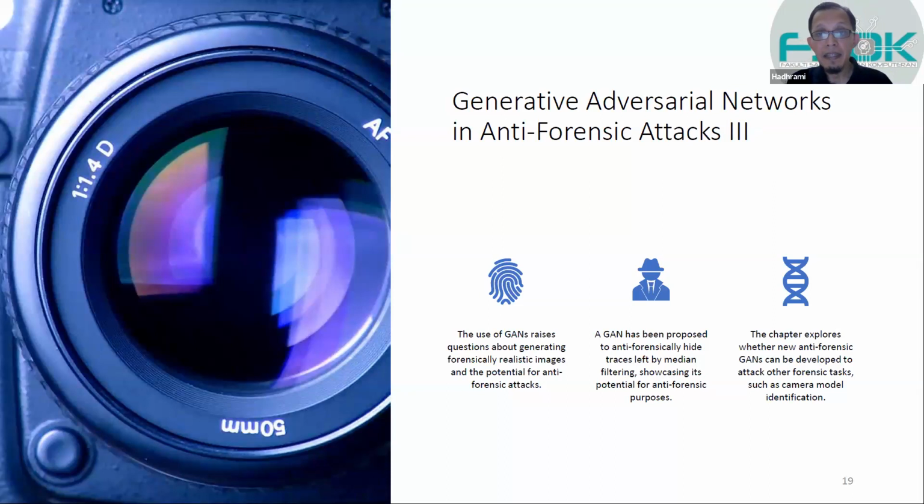It has been proposed to anti-forensically hide traces left by median filtering, showcasing its potential for anti-forensic purposes. So we can explore whether new anti-forensic GANs can be developed to attack other forensic tasks, such as camera model identification.